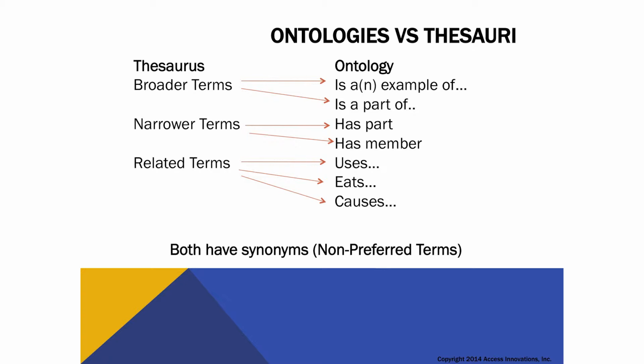And related terms can be more specifically defined as uses, eats, causes, or anything else that you want. It's very flexible. You can adapt the sorts of broader, narrower, and associative terms to whatever your needs are. There's not a set number of them that you're limited to. As long as you define it in your framework, you can make them mean anything that you need them to.